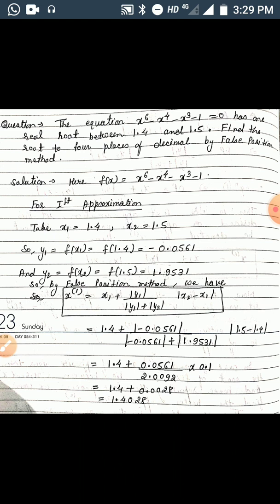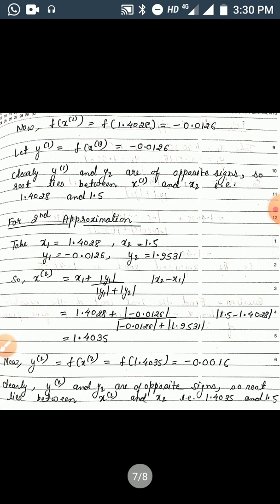I am describing all the steps because you have to follow these steps. How will you simplify this equation? So this is the first approximation. Now we will check the sign of f(x1), meaning f(1.4028), and after putting x is equal to 1.4028 in the equation x to the power 6 minus x to the power 4 minus x cube minus 1, and after simplifying we will get minus 0.0126.